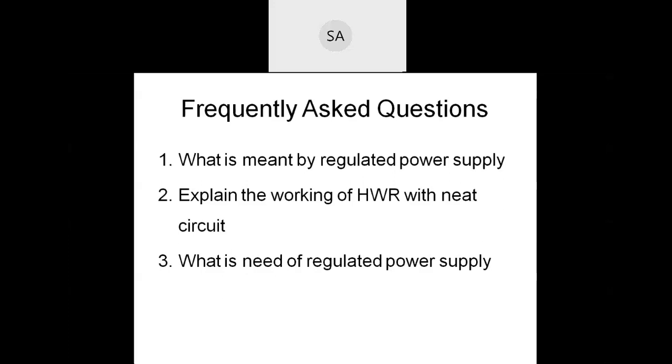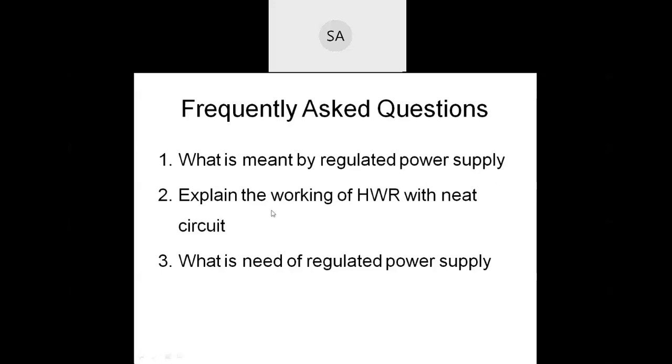So what is a regulated power supply? A DC power supply which converts the AC into DC and maintains the output voltage constant irrespective of mains fluctuation or load variation is known as a regulated DC power supply.